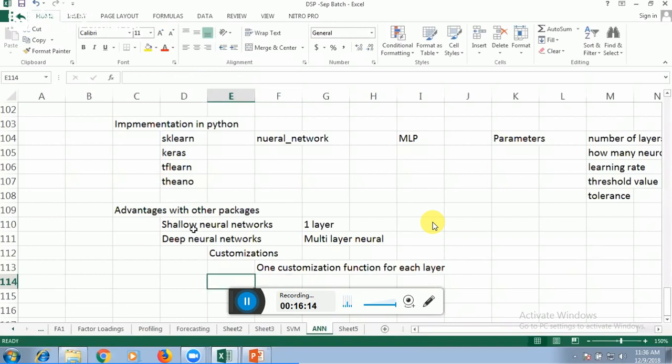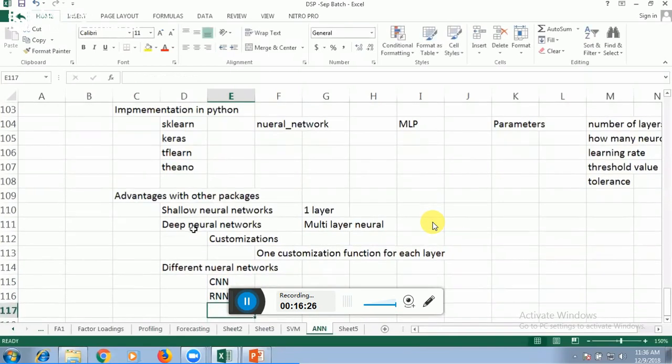And not only that, there are different kinds of deep neural networks, like CNN and RNN. CNN means convolutional neural network, and RNN means recurrent neural network.